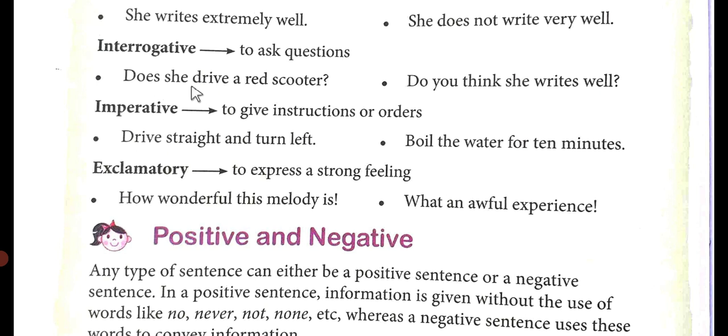Here you can see, does she drive a red scooter? And do you think she rides well? So here it starts the sentence with the auxiliary verb and ends with a question mark.